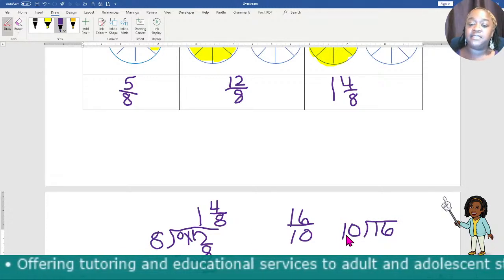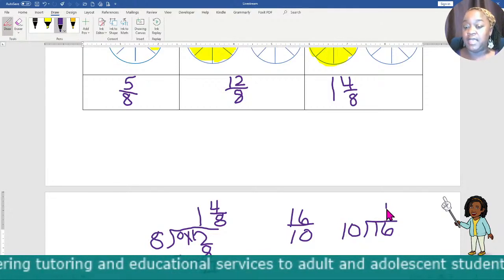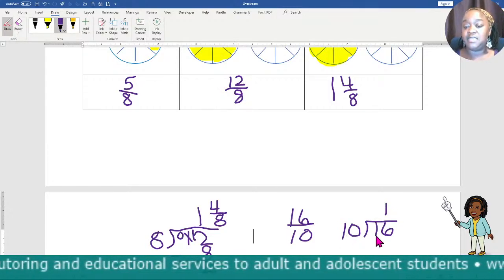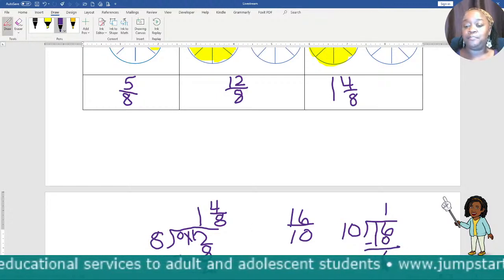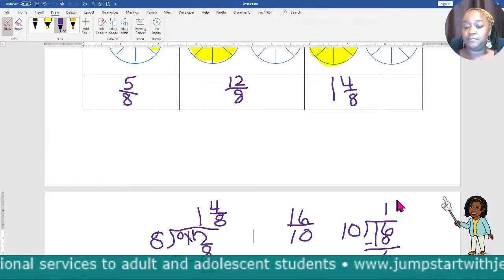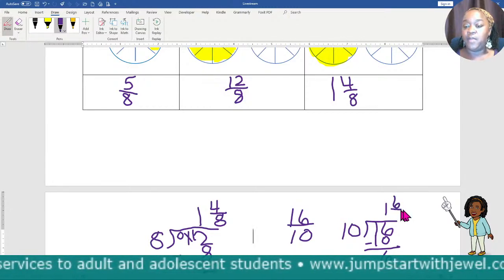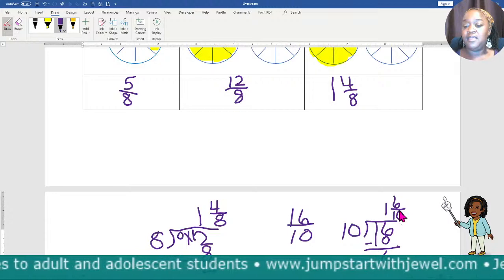So here you go again. 10 would go into 16 one time. 1 times 10 is 10. You subtract. You make this a 6. And then that would be your mixed number, 1 and 6/10.